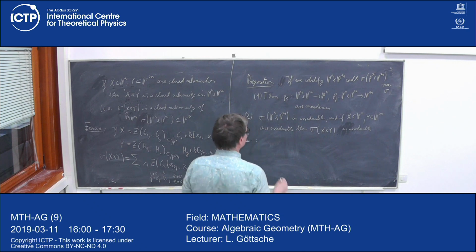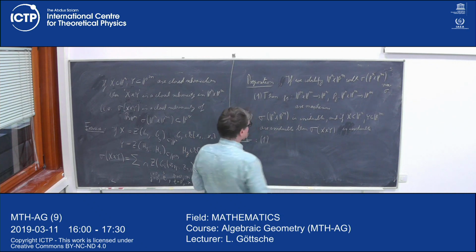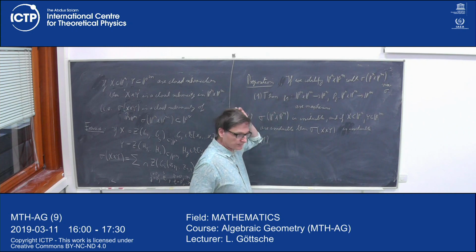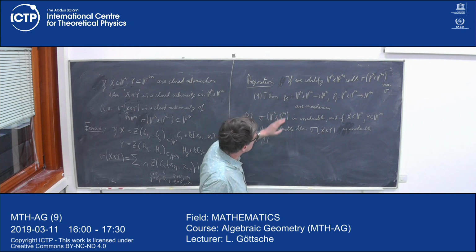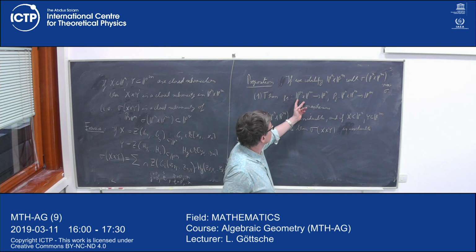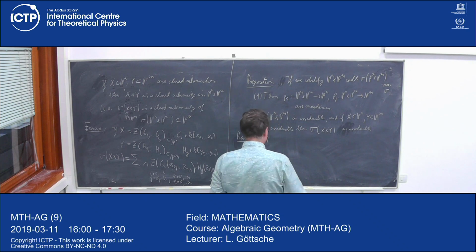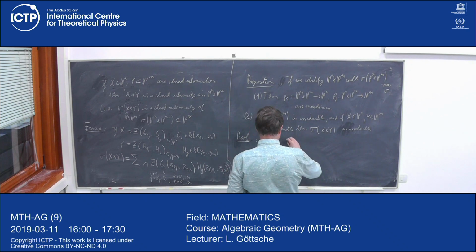So for the first claim, obviously I only need to show it for the first projection, because the other is the same. This means I take the inverse of the Segre embedding as a map, so I take sigma to the minus 1.